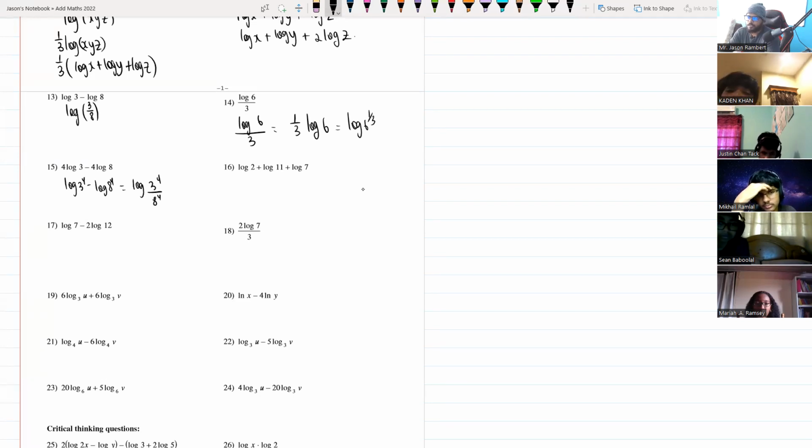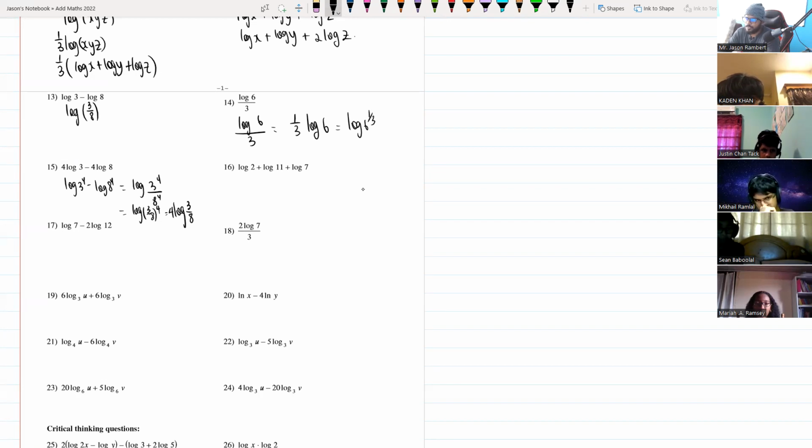If you wanted, this is also equal to log of 3 over 8 all to the power 4, and you can bring the 4 in front. 4 log of 3 over 8 if you wanted.